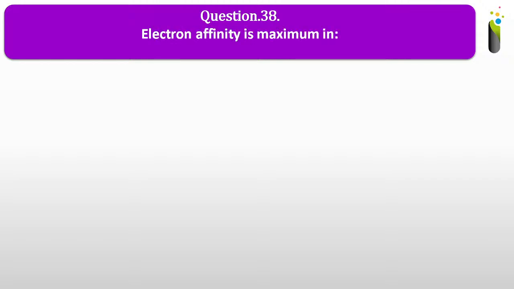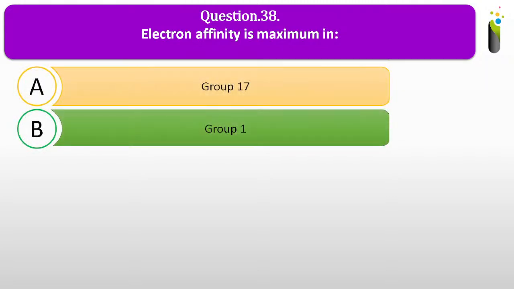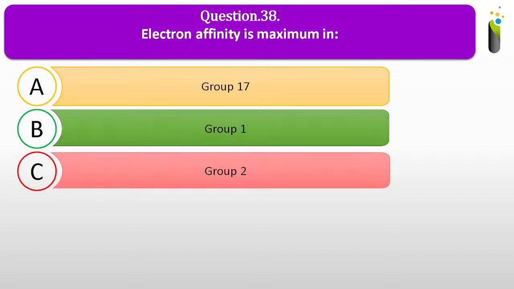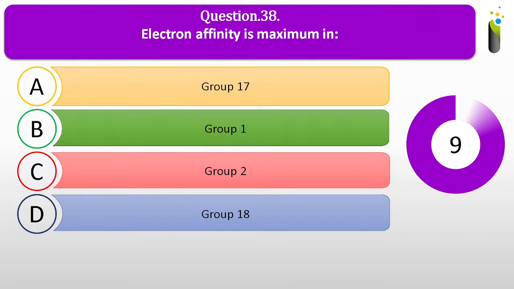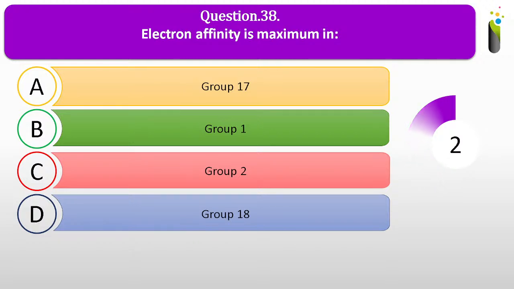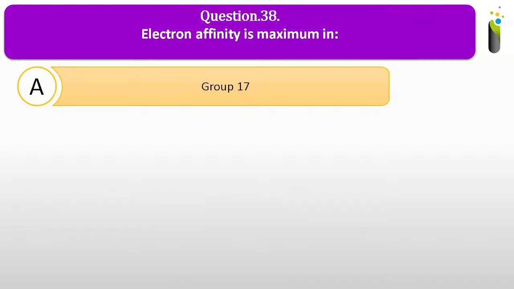Going ahead to question number 38. Electron affinity is maximum in dash. A. Group 17, B. Group 1, C. Group 2, D. Group 18. So the electron affinity is maximum in group 17.